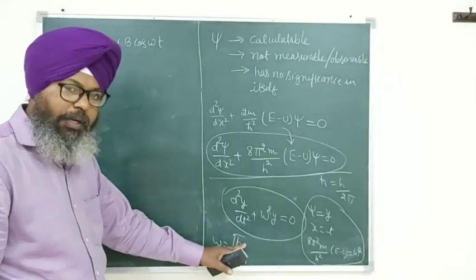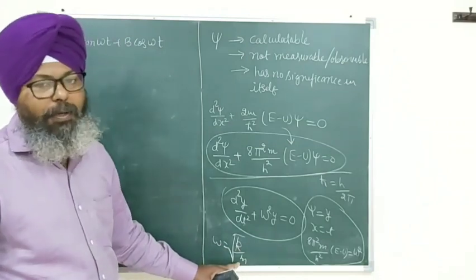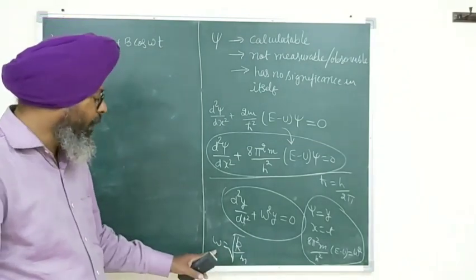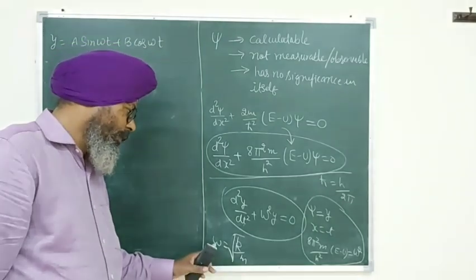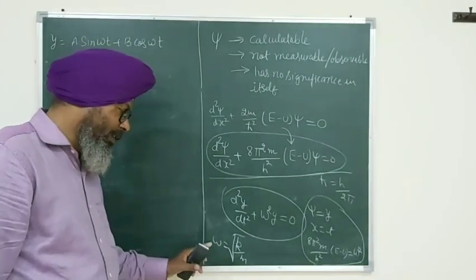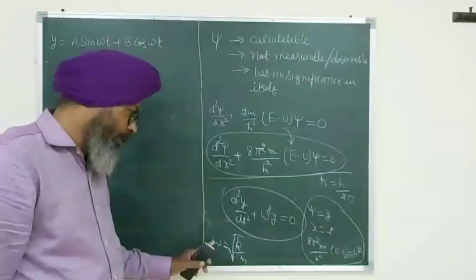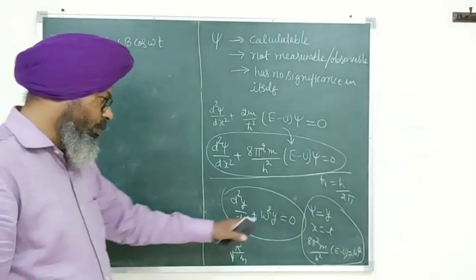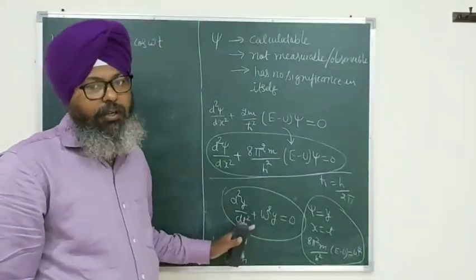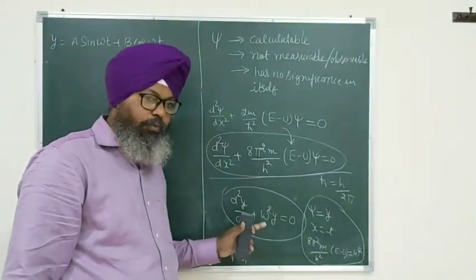This k is a measure of elasticity, m is a measure of inertia, omega is the angular frequency of SHM, and we can see that angular frequency depends upon the inertial and elastic properties of the system. So this omega is decided by the system under motion.